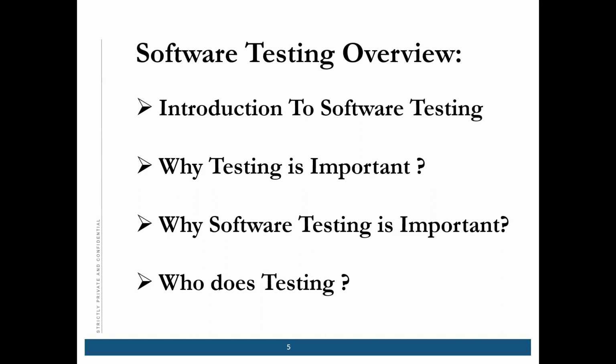And when the product is ready and delivered to the client, they do UAT, user acceptance testing, and beta testing is involved in that, alpha too, which we will learn later. So all types of testing are done by all the different people involved in the project.